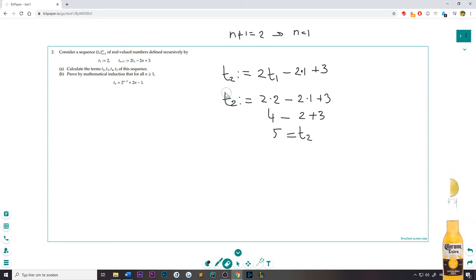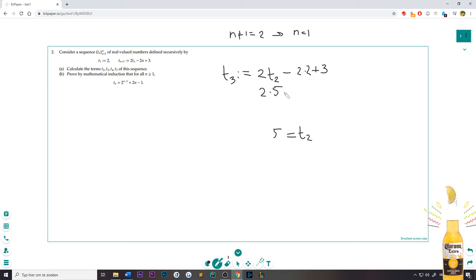So now if you want to calculate T of 3, then n becomes 2. Two times 2, right? So that's 2 times 5 minus 4 plus 3.